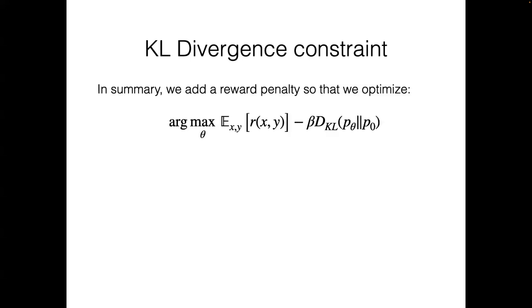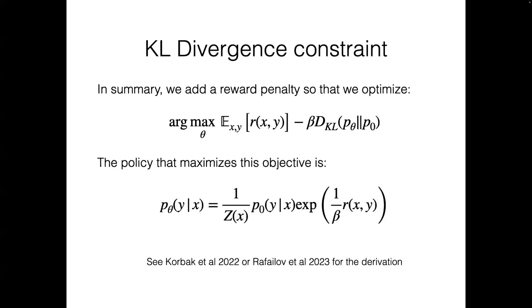Okay, so one other interesting thing, and it'll actually come up later when we're talking about direct policy optimization, DPO. You can actually show that the optimal policy for this objective, this is called the KL constrained reinforcement learning objective, has this form here.